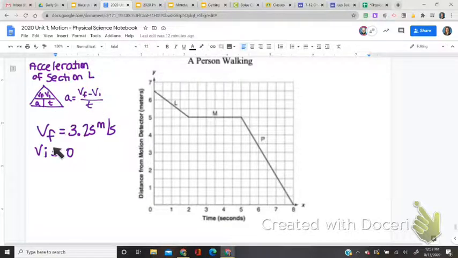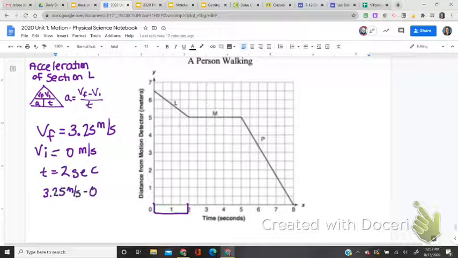Our final velocity of L should be 3.25 meters per second, because we just solved for that in the problem above. So it starts here and ends here, and our final velocity is 3.25 meters per second. Our initial velocity, we're starting at 0, so our initial velocity is 0.